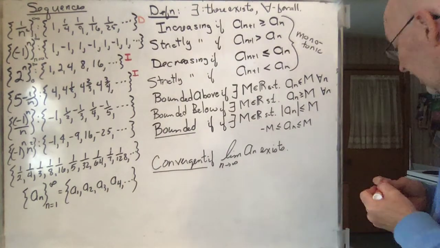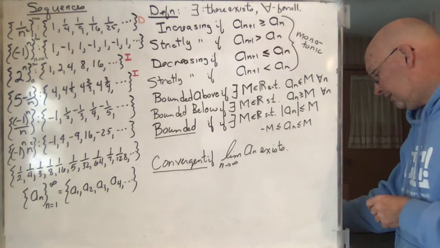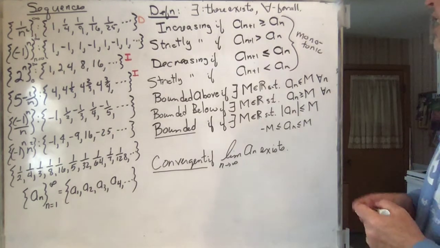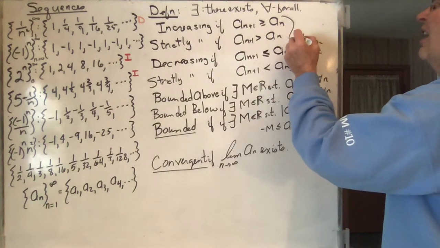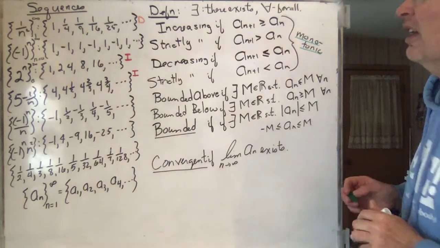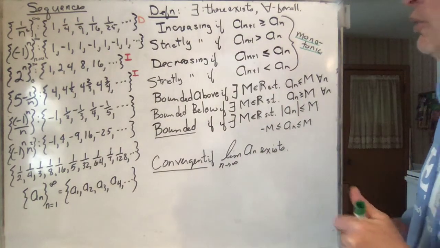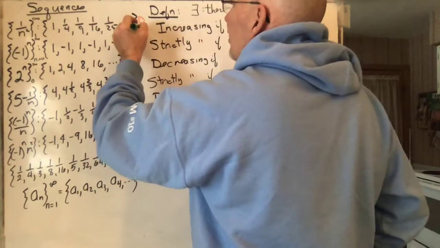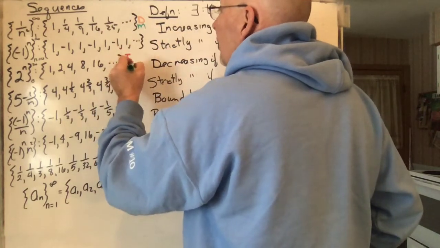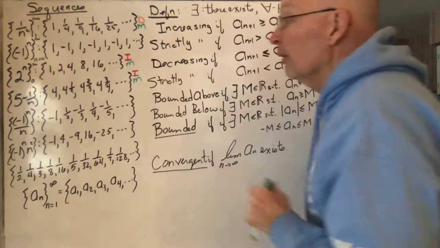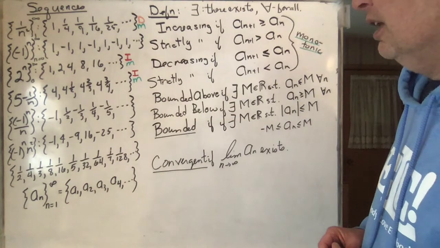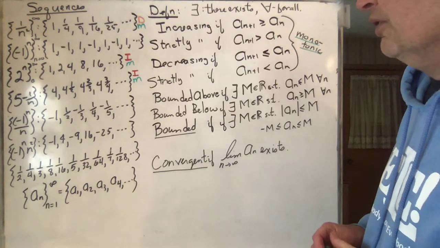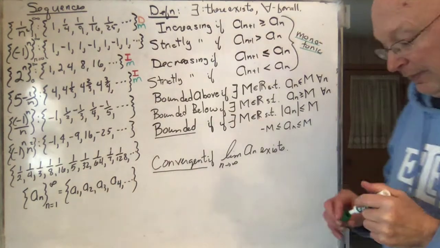Which ones are monotonic? Well, monotonic, it's either increasing or decreasing. So I could put an M right there, and an M right there. Those are monotonic. None of the others are. Agreed?